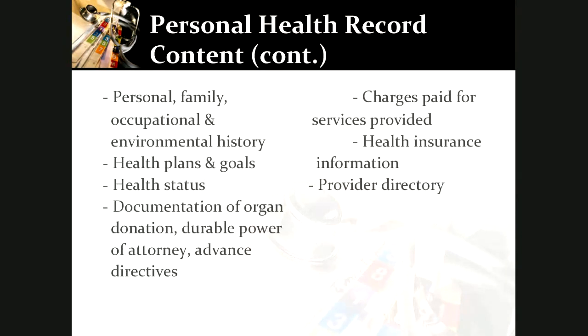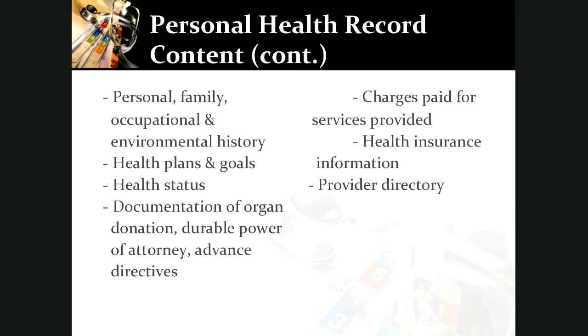Some other things you might want in a personal health record would be the personal, family, occupational, and environmental history, health plans and goals, health status, documentation of organ donation or durable power of attorney or advance directives. For instance, do they have DNR?